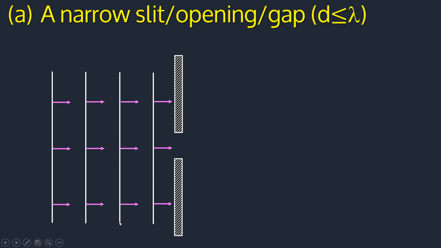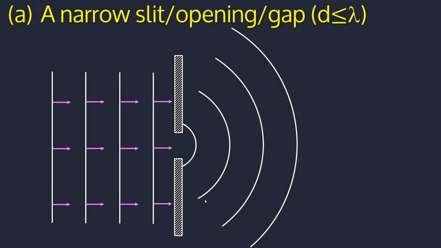This is a wavefront and this is a wavefront, and these wavefronts represent positions of crests. So what will happen is that we shall have circular wavefronts emerging from this point here. So this hole is going to act as a source of circular wavefronts. You see that? So that's what has happened.